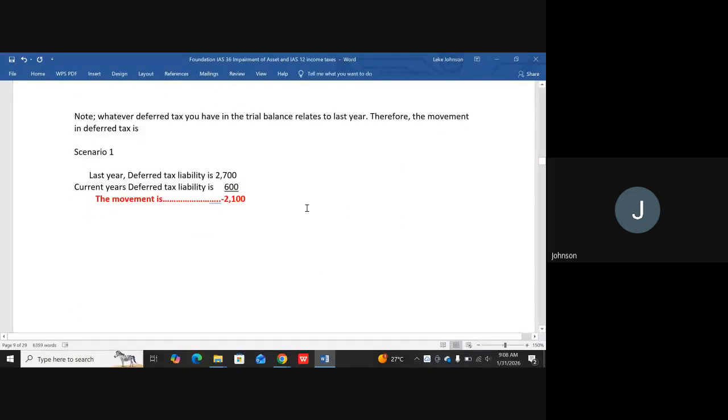The movement is that before, the amount was bigger, the liability was very big. It's like when you have a loan in your books. Say the loan of last year in your 2023 account, you have a loan amount of 2 million, but in your 2023 account, we now have a loan amount of 700. It means that you must have settled part of that loan.